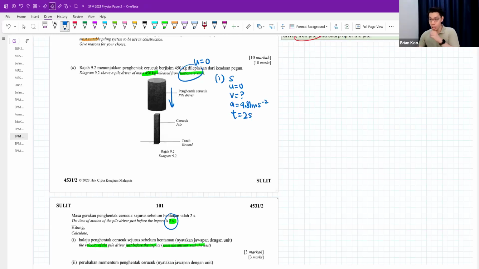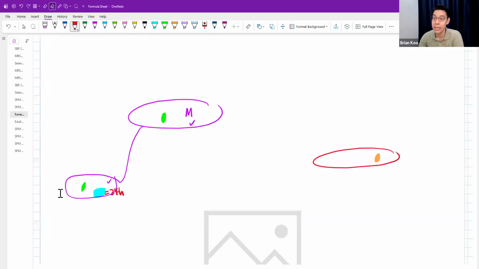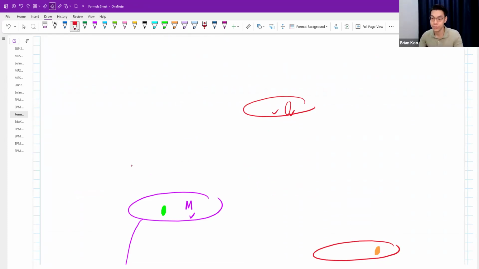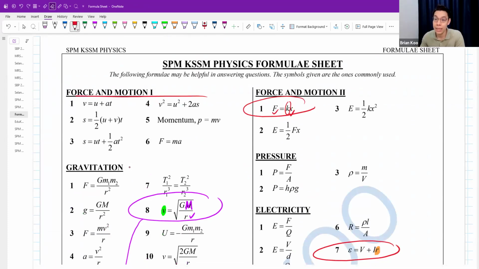Right? You can call that the G value also. So looking at the formula sheet, you want to find something that doesn't have the S. Okay, I'll go to the formula sheet and I see this one, chapter 2, force and motion. Something that doesn't have S. All this got S, I cannot use. I have to use number 1. V equals U plus AT.